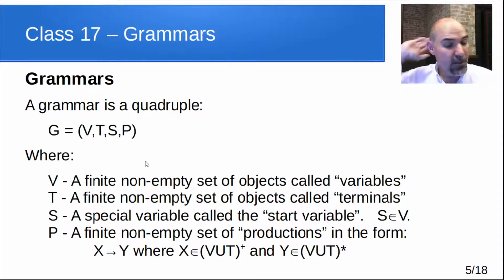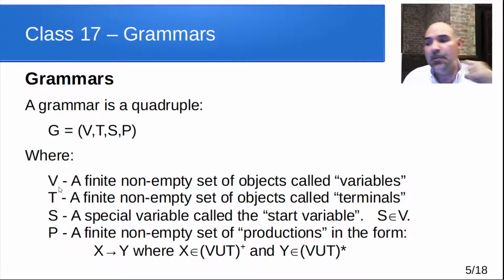The formal definition of a grammar consists of 4 parts. It's a quadruple: V, T, S, and P. V is a finite, non-empty set of objects called variables. T is a finite, non-empty set of objects called terminals.